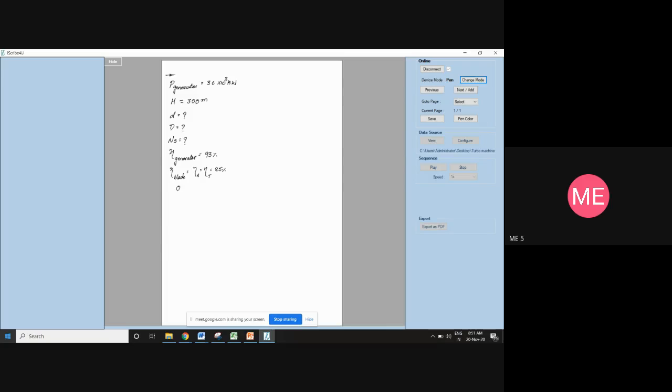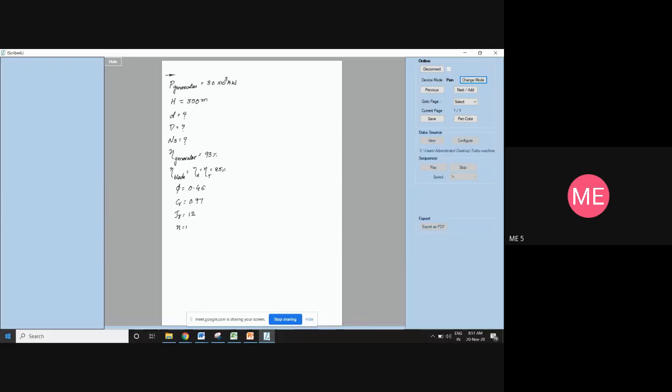The speed ratio is 0.46. Jet velocity coefficient, Cv. And the jet ratio, how much has he given? 12. Number of jets, small n, is equal to 1. So this is the data he has given.